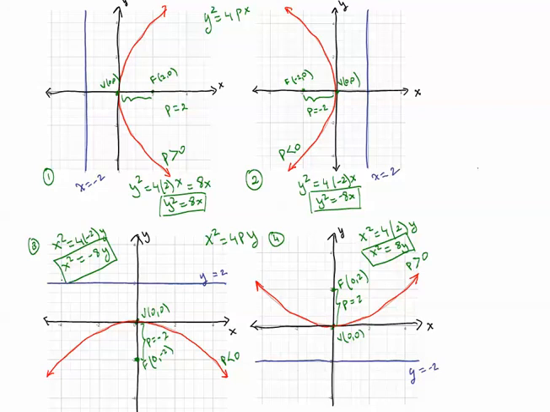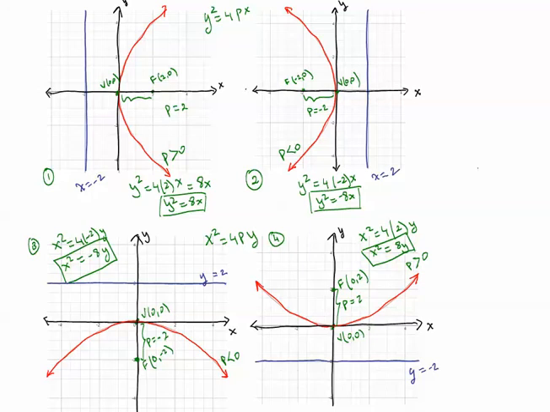Again, as you see, when the parabola opens toward the x-axis, to the left or to the right, we have y squared equals 4px. If it opens toward the positive side of x, p is positive, so you replace p with the positive and get y squared equals 8x.